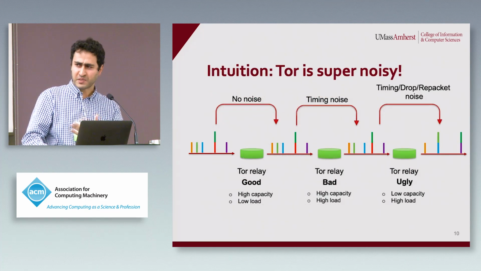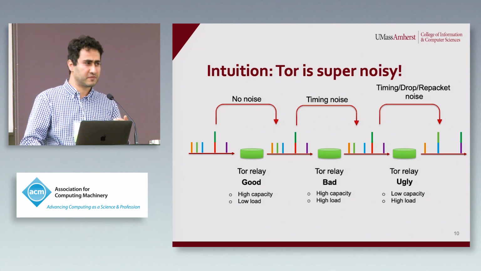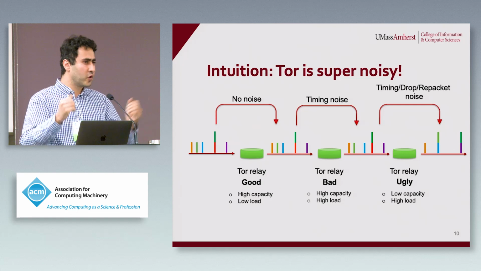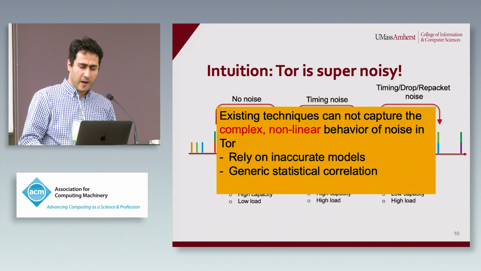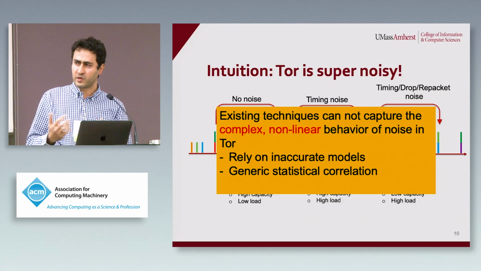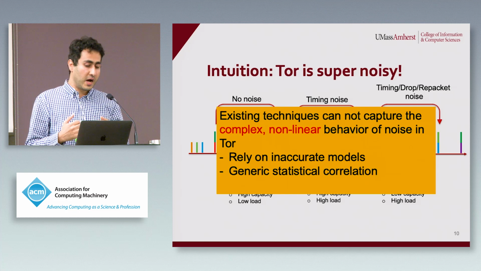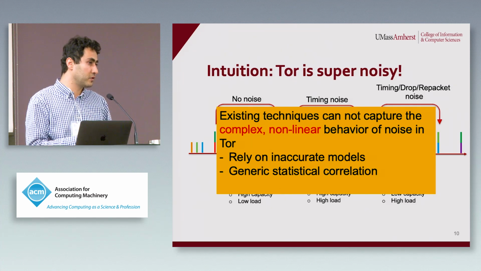And perhaps the main reason for this is that Tor is very noisy. There are different forms of congestion and noise in Tor. And it appears that previous flow correlation algorithms haven't been able to capture this complex nonlinear nature of noise in Tor.